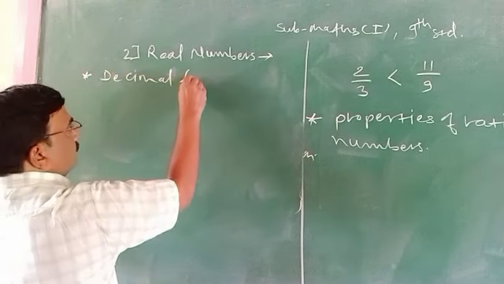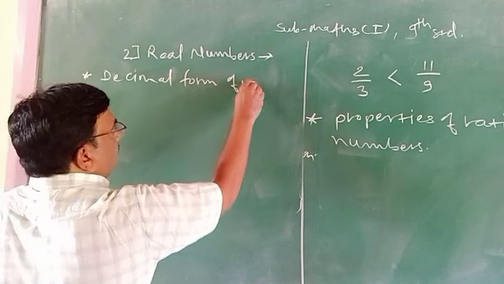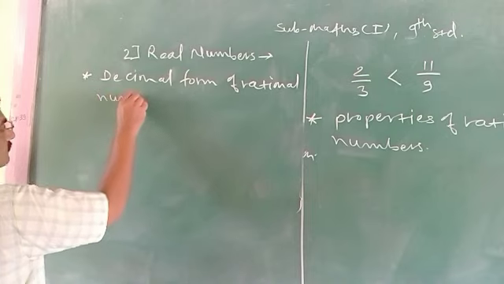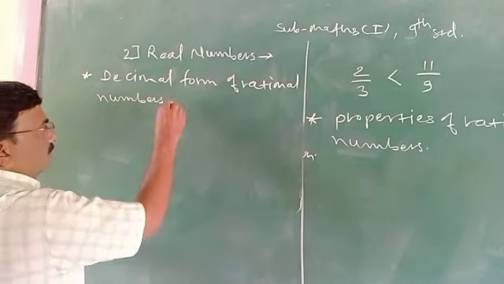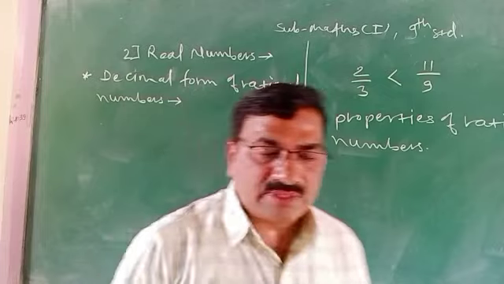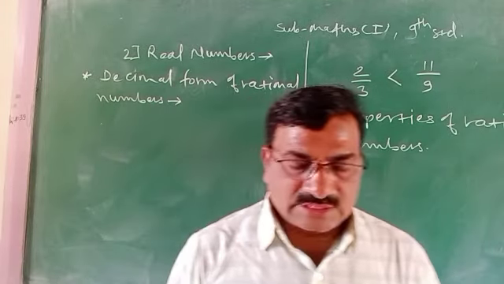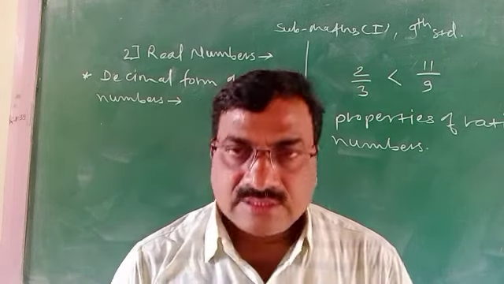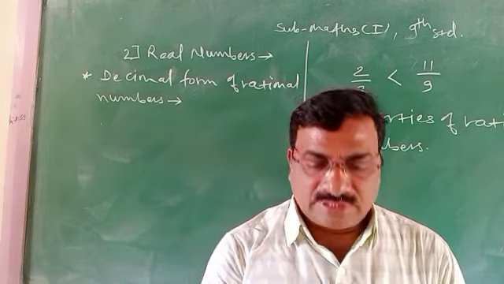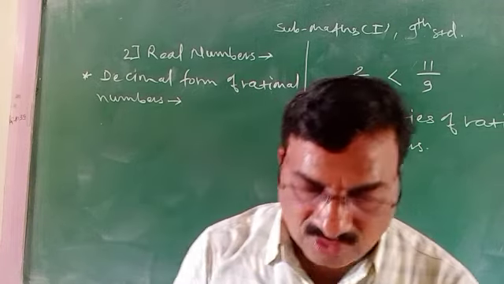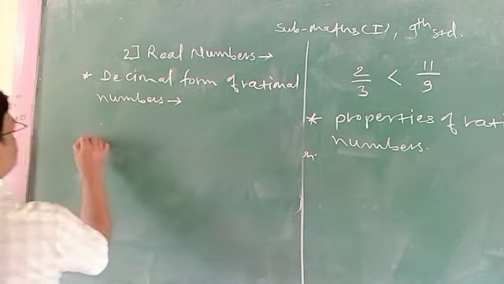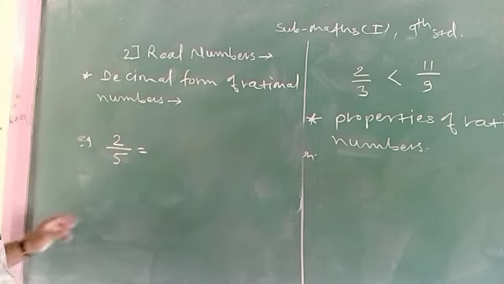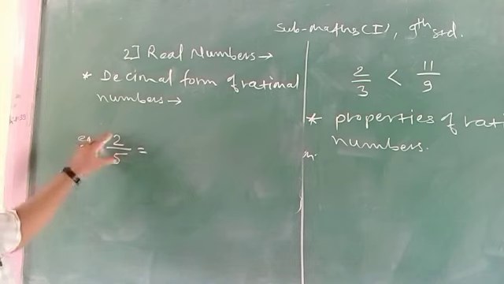From the decimal form we study the terminating or non-terminating nature of the rational number. For example, 2 upon 5. We have to transfer this fraction into decimal form.